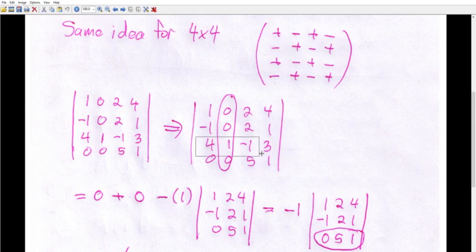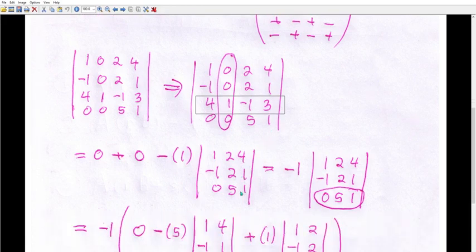This is the only thing that gets us anything. Okay, and we'll note the 1 is in third row, second column, negative position. So that's going to count as a minus 1. And now we look at the little 3 by 3 we get, which is 1, 2, 4, minus 1, 2, 1, 0, 5, 1.